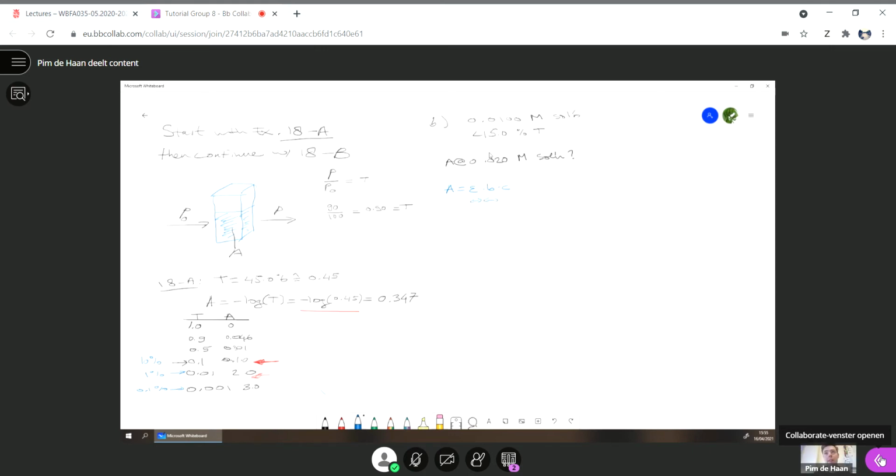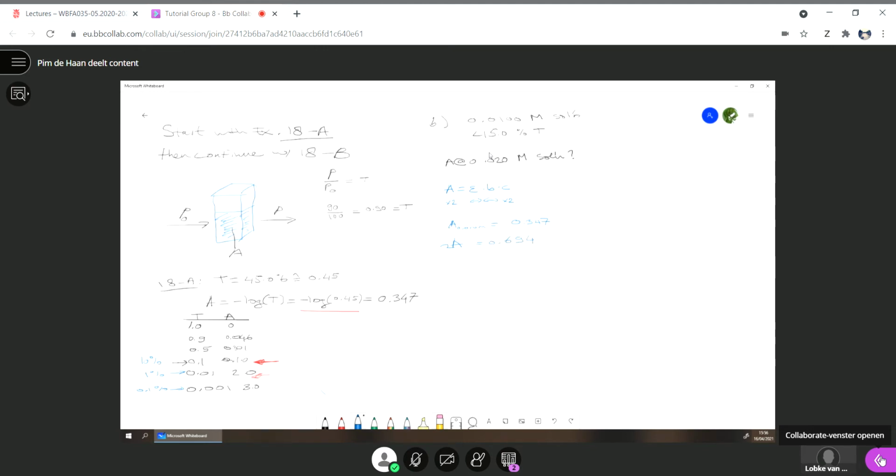Okay, yeah. And c doubles, so you can conclude that the absorbance also doubles. Okay, good conclusion. And the absorbance, which was measured in question A, was 0.347, I guess. What was the answer? Yeah, that was the answer. So 2A equals 0.694.